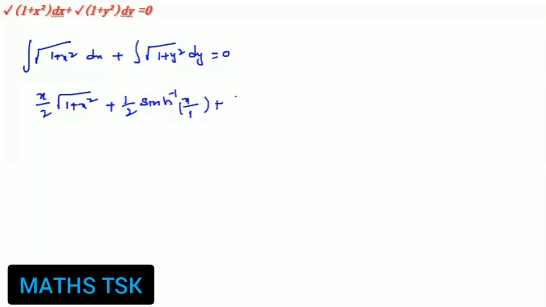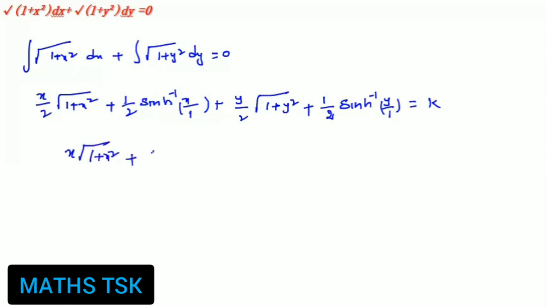Similarly, this is y by 2 into root of 1 plus y square plus 1 by 2 sin h inverse of y by 1 is equal to some constant k. So this can be written as x into root of 1 plus x square plus sin h inverse of x, plus y into root of 1 plus y square plus sin h inverse of y is equal to k.